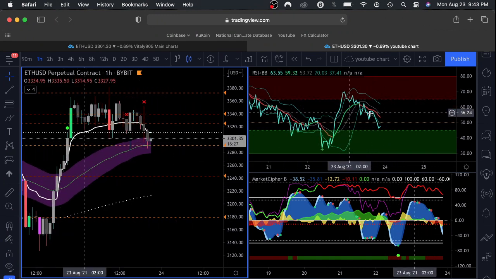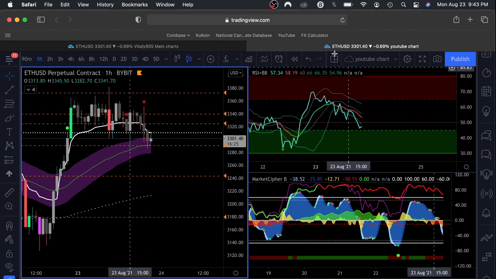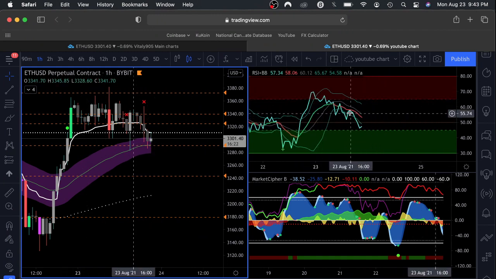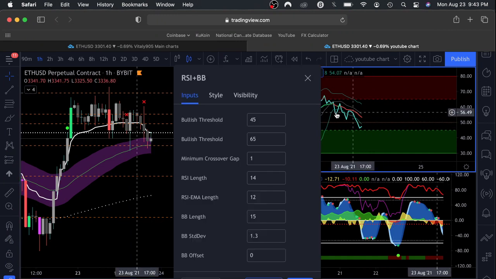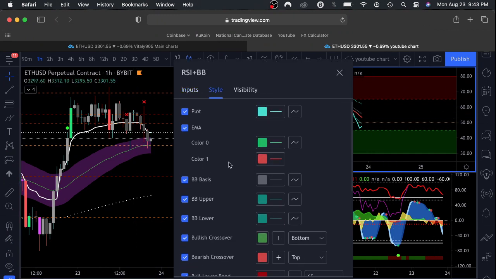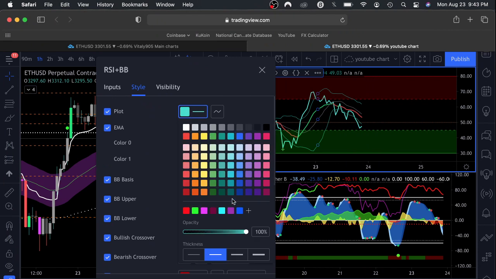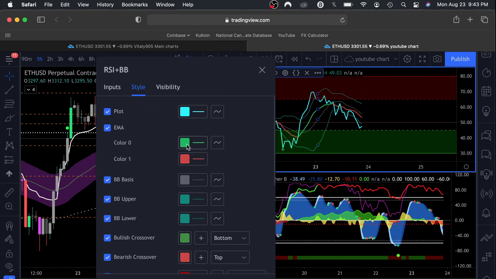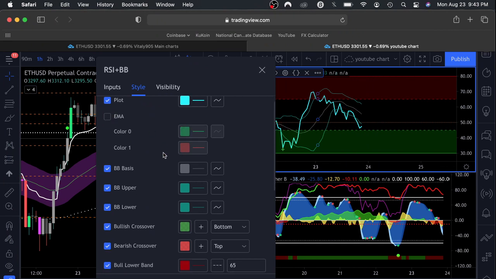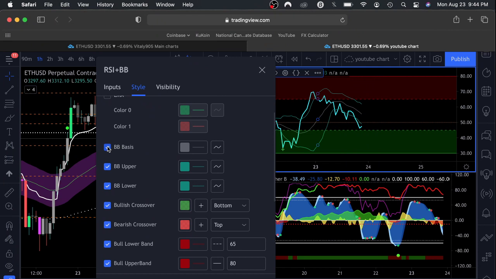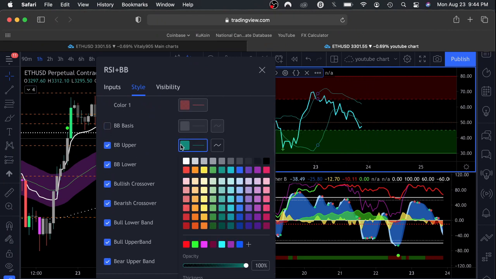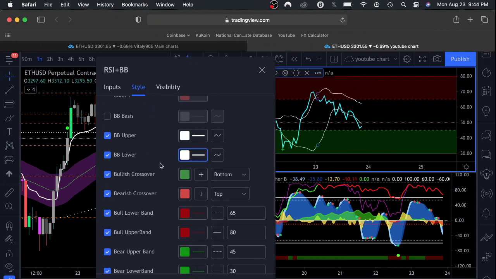And then let's go over here to the RSI-BB. Just double click that. And for this, make the plot blue. Have your EMA, I'll turn that off for now. The basis, I'll turn that off. And then the upper Bollinger Band, turn that white. Lower, turn it white.